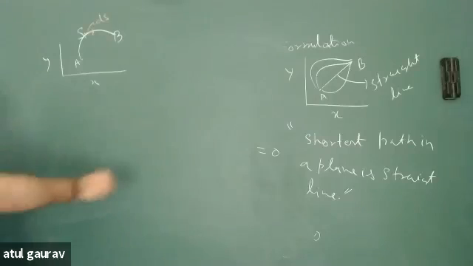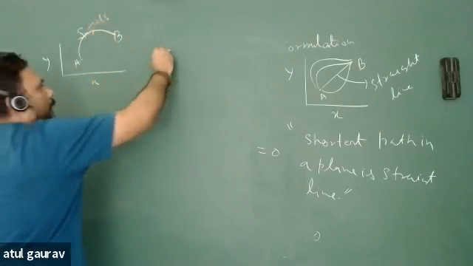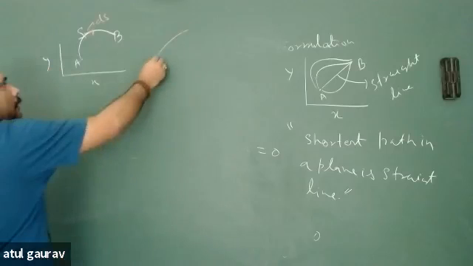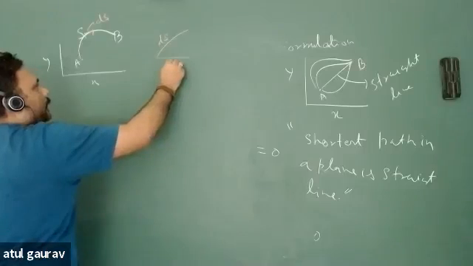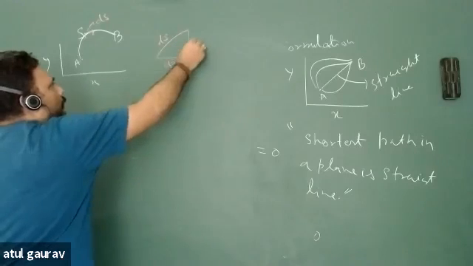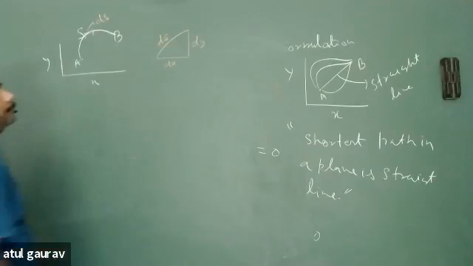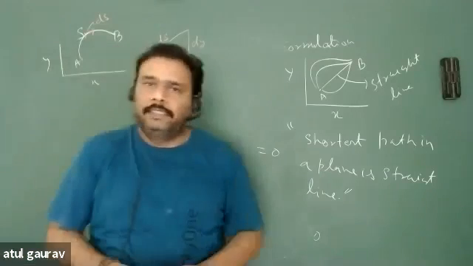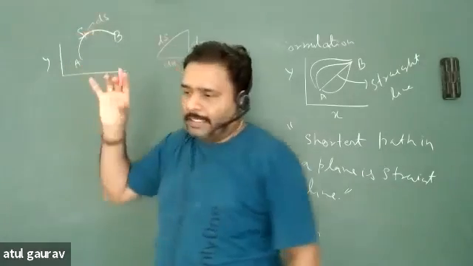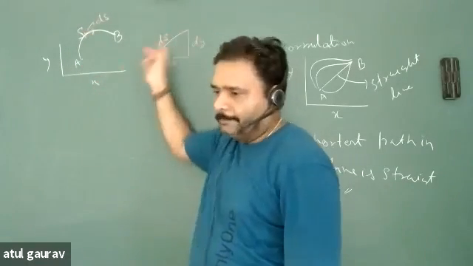I will zoom in on this part. So this part is ds, obviously this is dx and this will be dy. I just take this part and zoom it, and show you what is there.